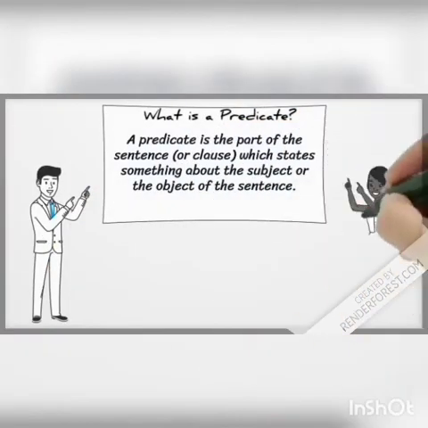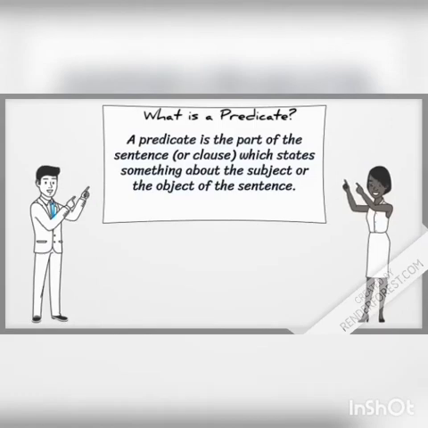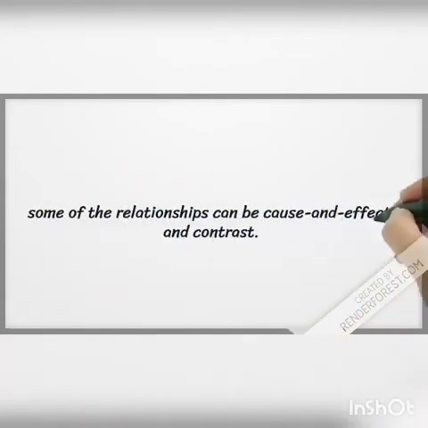The predicate is the part of the sentence or a clause that tells you about the subject. If you recall, I have told you once that the subject is the performer of the action. So the predicate tells you something about the subject or the object.